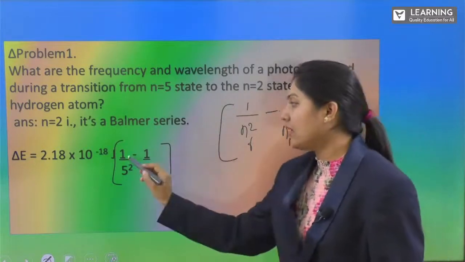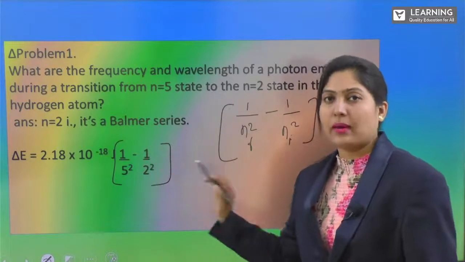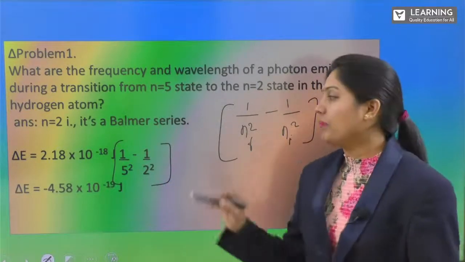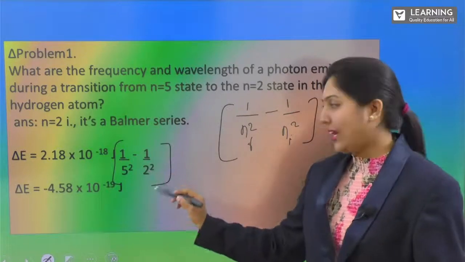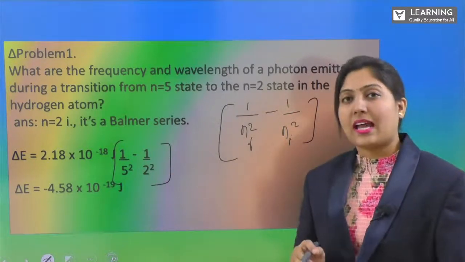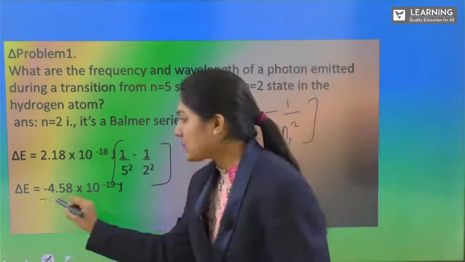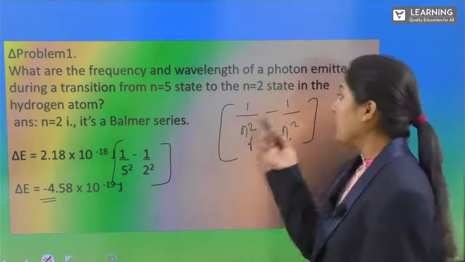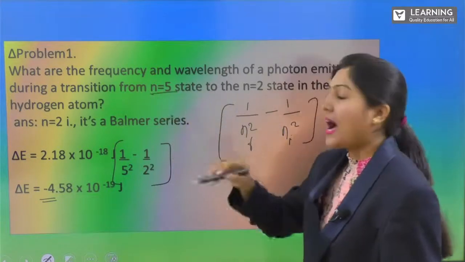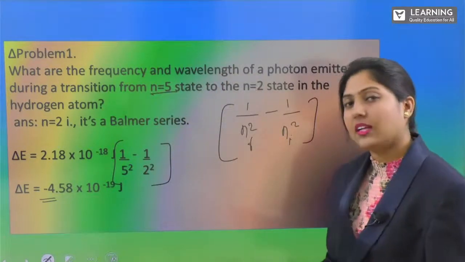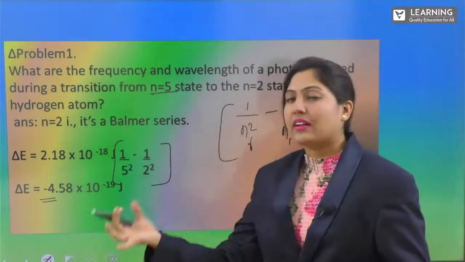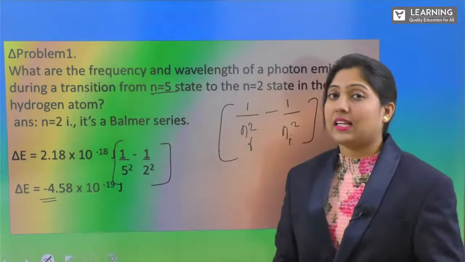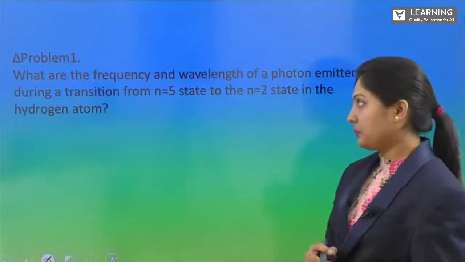So we have 1 by 5 square minus 1 by 2 square, where we get delta E equal to minus 4.58 into 10 raised to minus 19 joules. When we get this minus sign, you should understand that this is the emission spectrum. As I said, it is coming from a higher energy level to a lower energy level, and the energy is being radiated out.